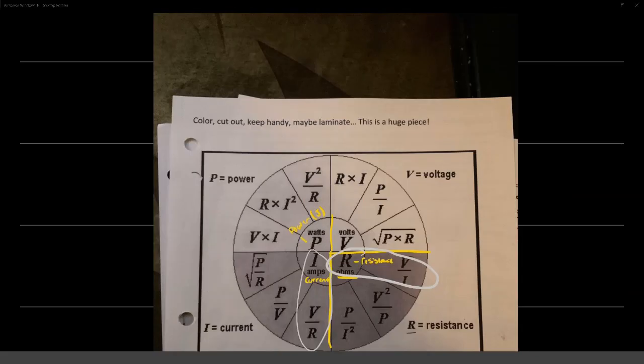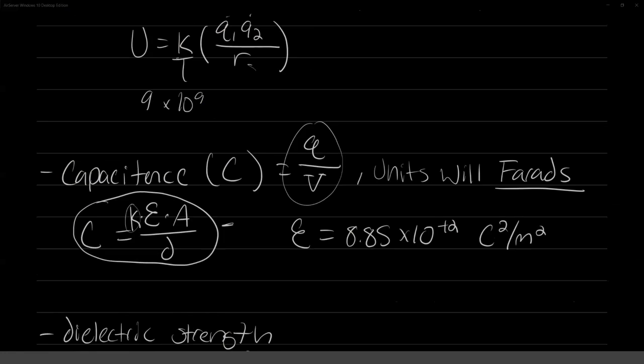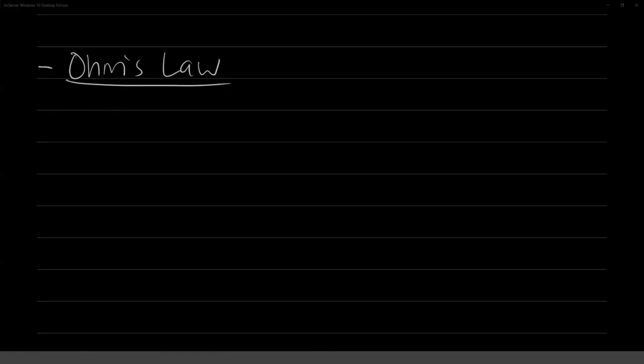Either or. I'll write it down here too. So I remember it personally like V equals I times R. It's the same thing. If you divide both sides by resistance, you'd get I equals voltage over resistance.